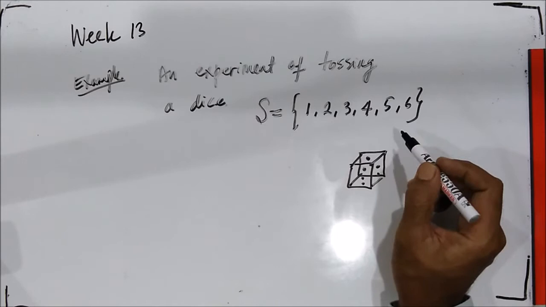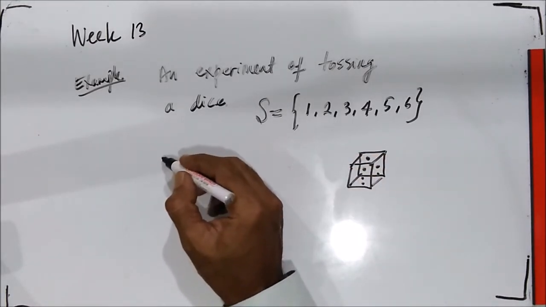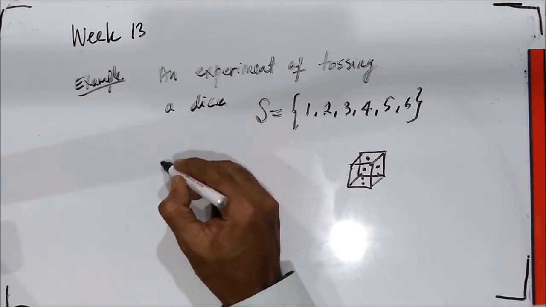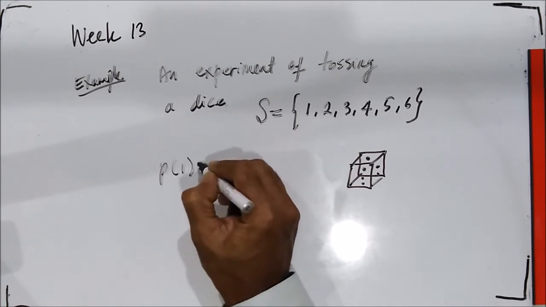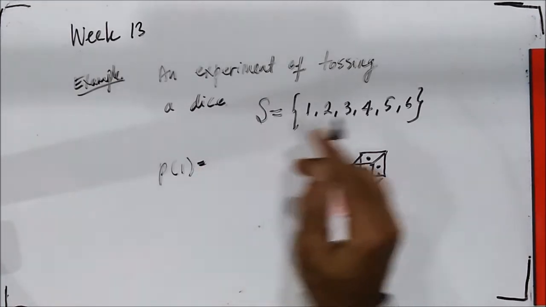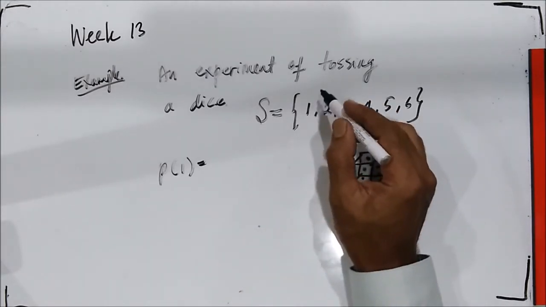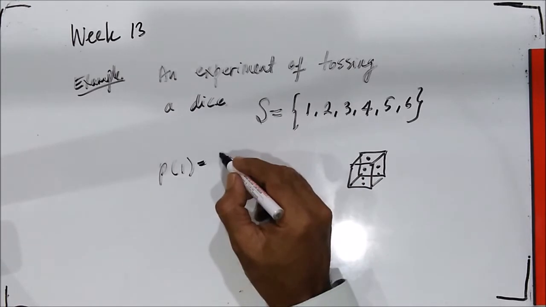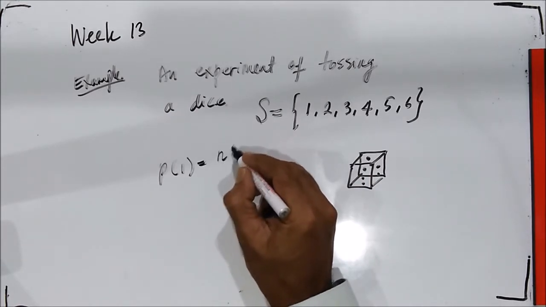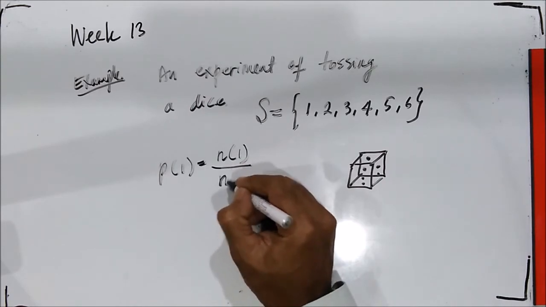So the probability of getting number 1 is equal to the number of 1s, there is only one, divided by n(S).